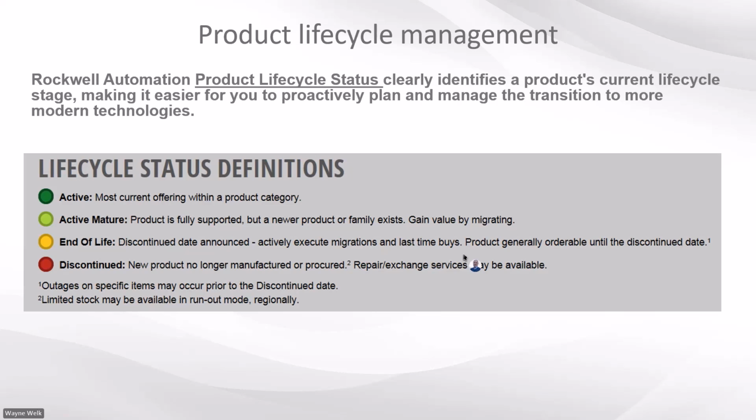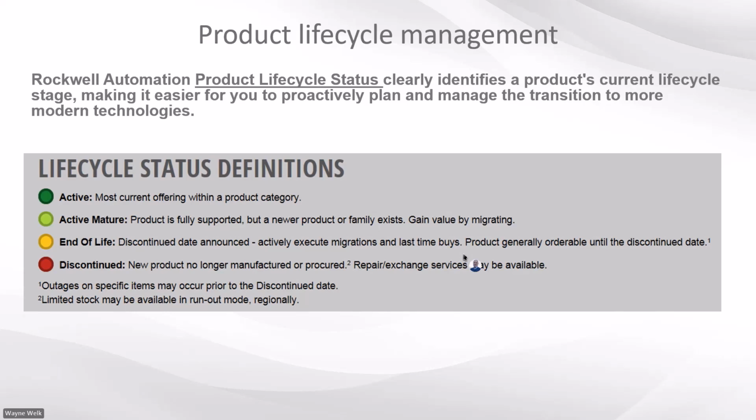All right. What I said originally in my introduction, I want to show you the tools where you can find life cycle status of your software and your hardware. The first place to start is, if you do a Google search for lifecycle Rockwell, that will take you to a web page where you can put in the part numbers of your devices and see what the life cycle is.